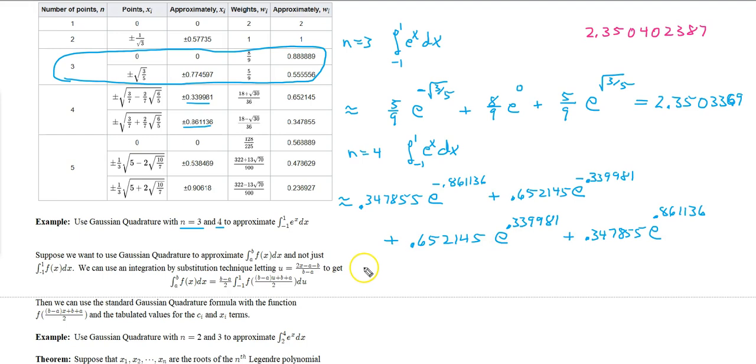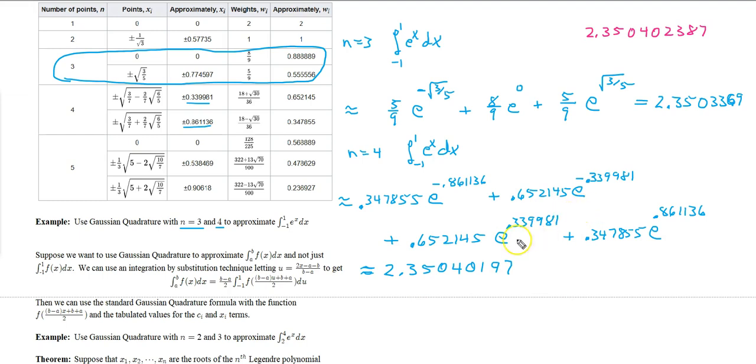And when we evaluate that on our calculator, we get that that's approximately 2.350. So that's what we get when we evaluate this.